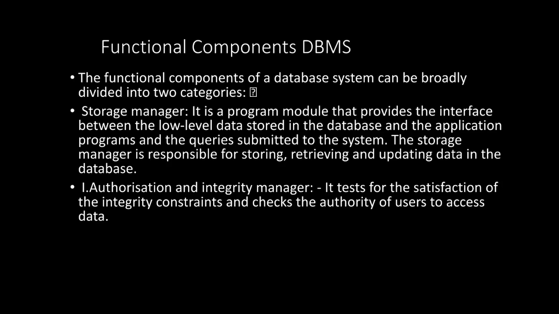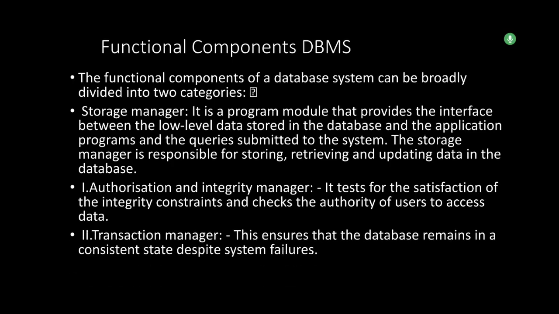For example, we mentioned that name should have only alphabets in it. It is checked whether the name has alphabets or not. And if you say the age limit is 30 years, it is checked whether the person's age is 30 years or below. If it is satisfied, then we'll proceed further.